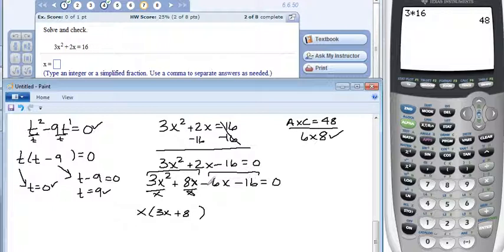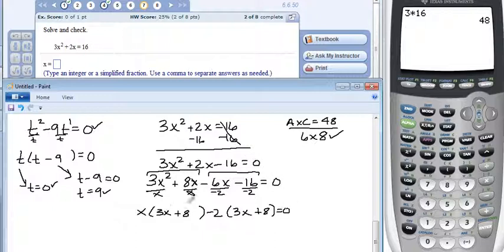And since both of these are negative and these are both positive, I'm going to want to pull out the negative 2 to make them positive. So here we have a negative 6x divided by a negative 2 gives me a positive 3x. See how I'm matching these? And a negative 16 divided by negative 2 is a positive 8. So I've turned my 3 terms to 4 terms to 2 terms.